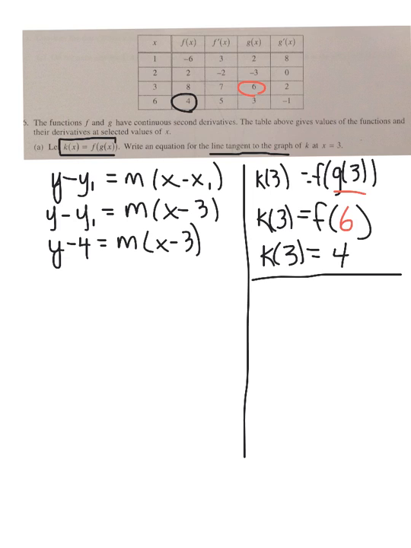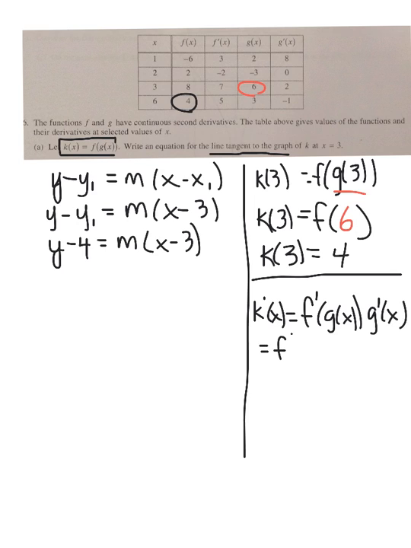We take the derivative. So I am going to take k prime, and we are going to have to do a little bit of chain rule action here. So we've got f prime of g of x times g prime of x. And then we're going to plug in 3.